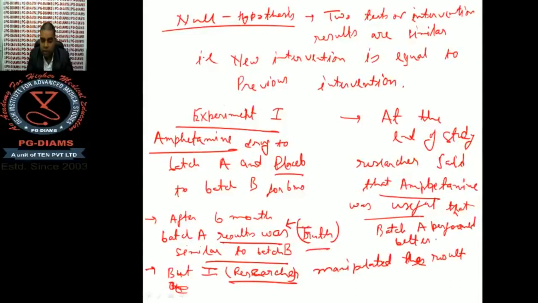But that was not the case. Okay? So this method of manipulating the result, of saying that my experiment is better, is known as alpha error. Alpha error means manipulating the result and saying that at the end of a study amphetamine is useful, that batch A performed better than batch B. Okay, this is type 1 error, or alpha error.